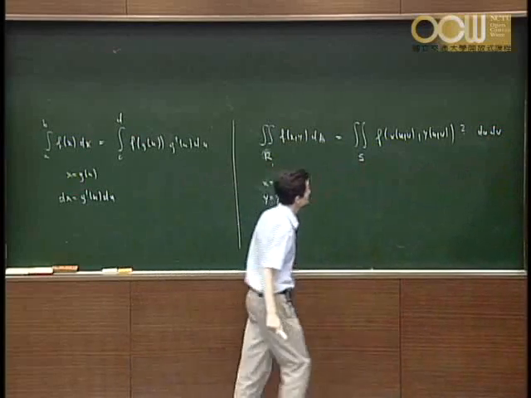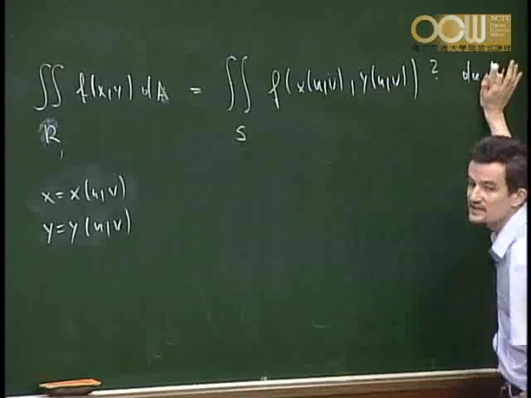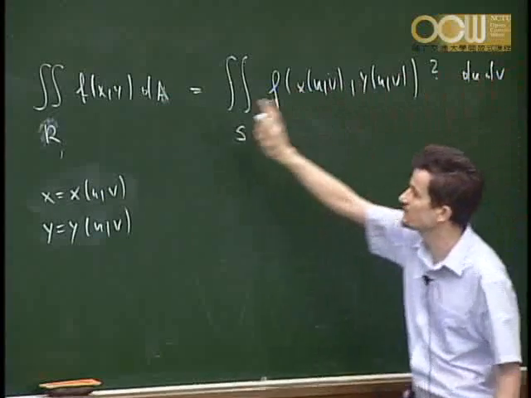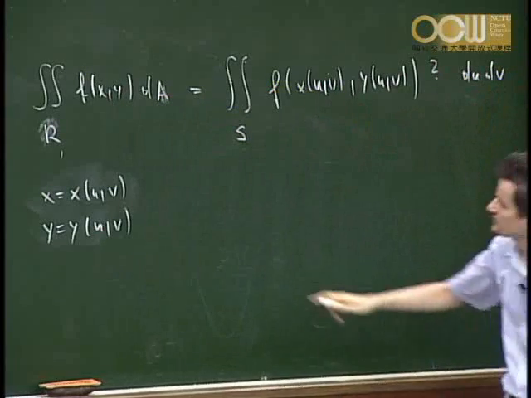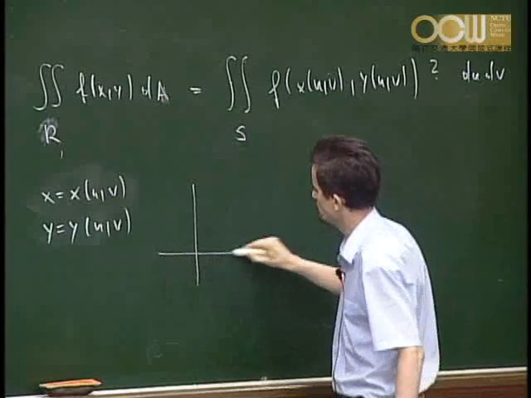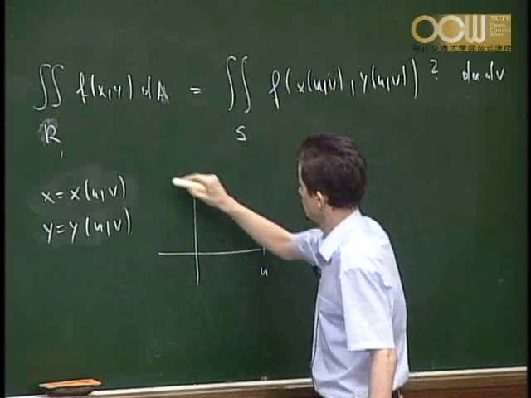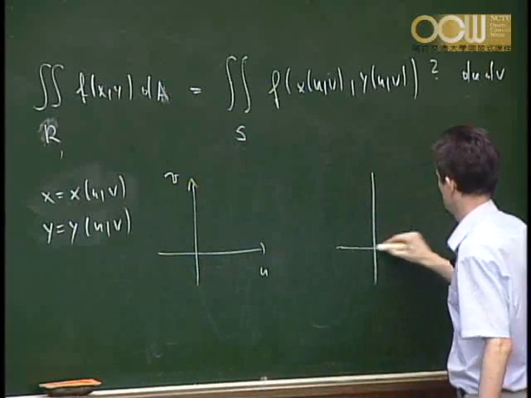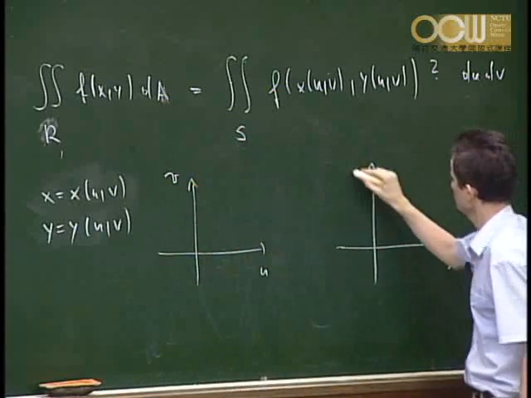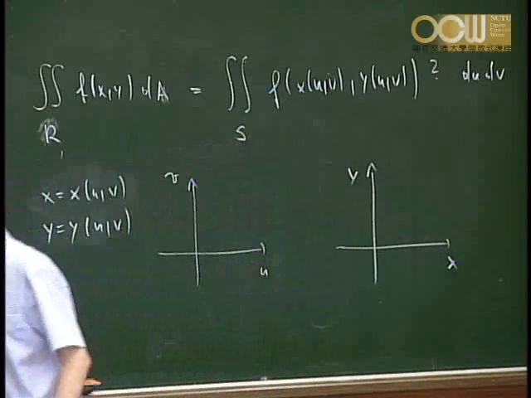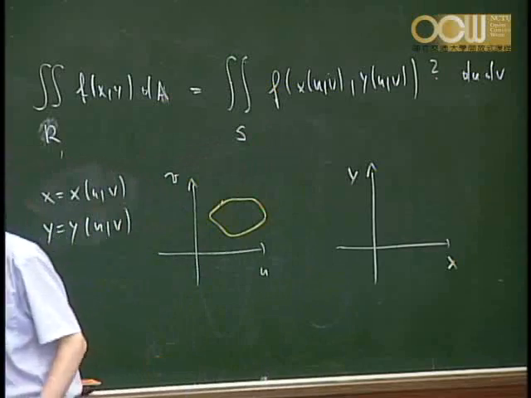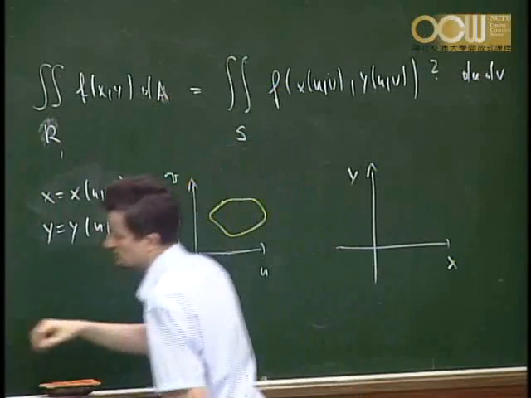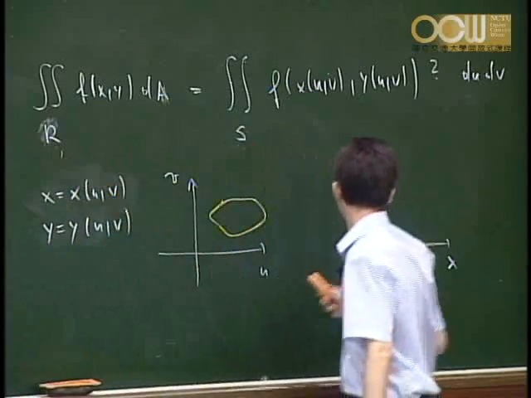I could also write something like dA here, but the meaning of dA would be different, because here I'm in the xy plane and here I'm in the uv plane. And this transformation which I have here will map this plane region S onto this plane region R.